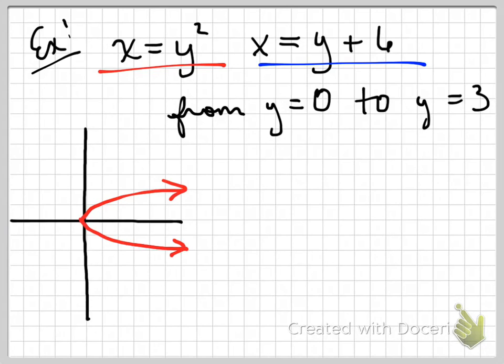It's a sideways parabola. And x equals y plus 6 is going to be 1, 2, 3, 4, 5, 6. When x is 0, y is going to be negative 6.